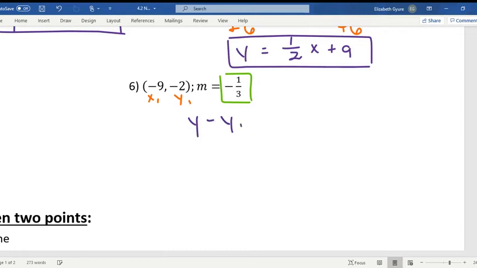So y minus y1 equals m times x minus x1. Okay, so y minus y1. Kason, what's your y1 value? Jake Newcomb, what's your y1 value?